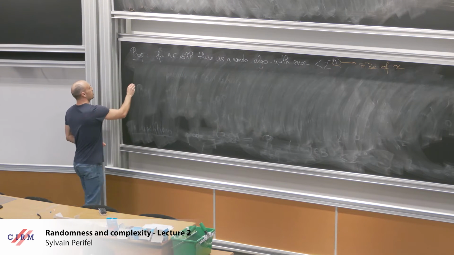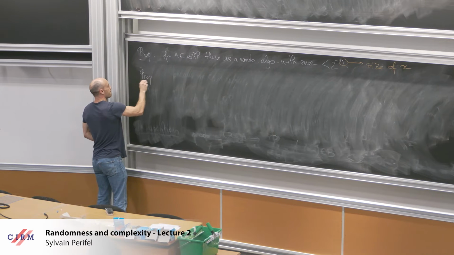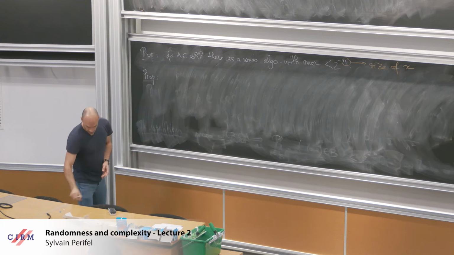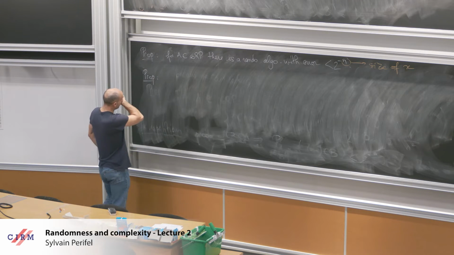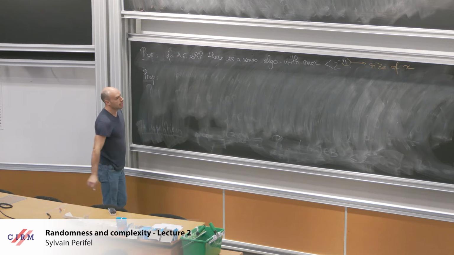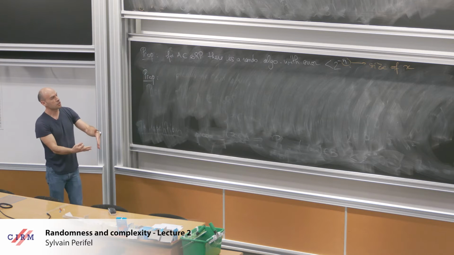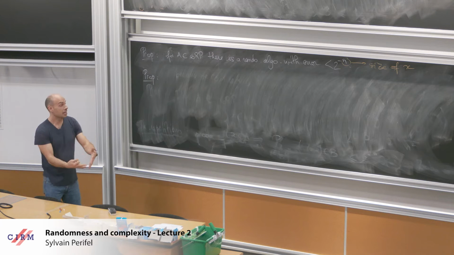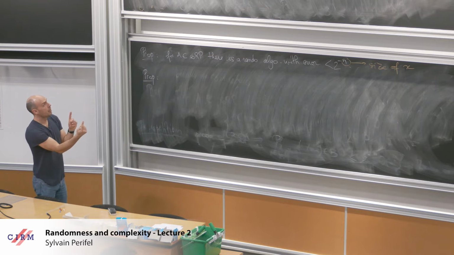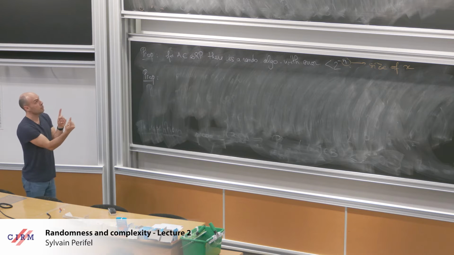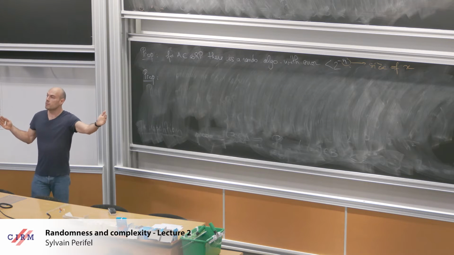Actually, the proposition is the following. Thanks to that, you can see you reduce your error sufficiently, and actually you have a single random choice R, which works for all inputs of size n.